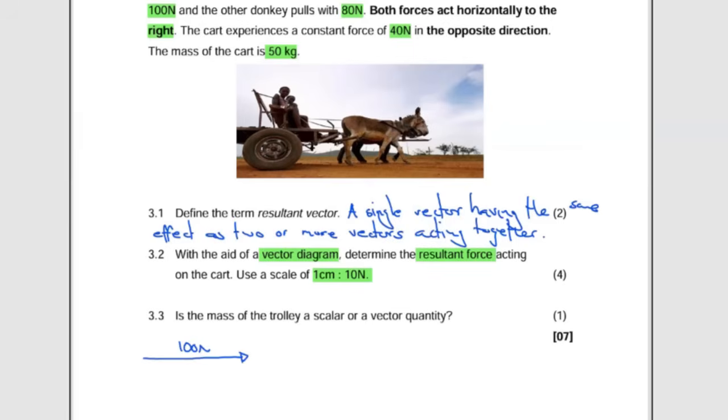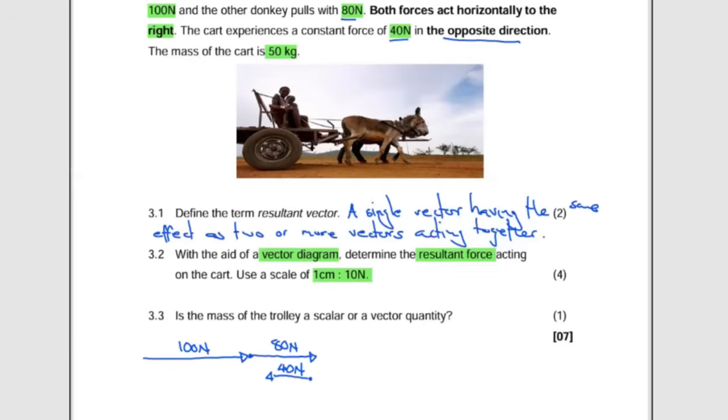Another one is pulling at 80 newtons, also to the right, so I'm going to have a value of 80 newtons there. Then I'm also told that the cart experiences a constant 40 newtons in the opposite direction. So this one is heading backwards, so this is 40 newtons.